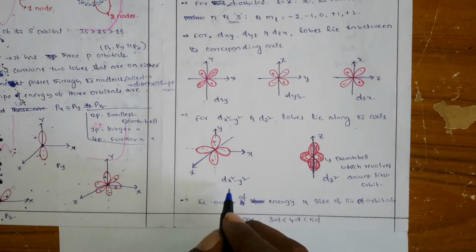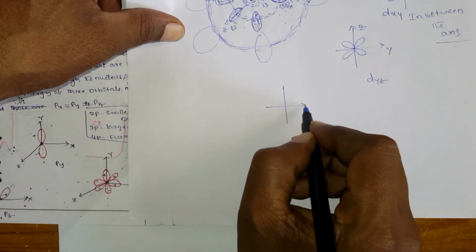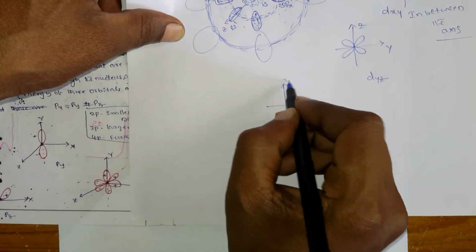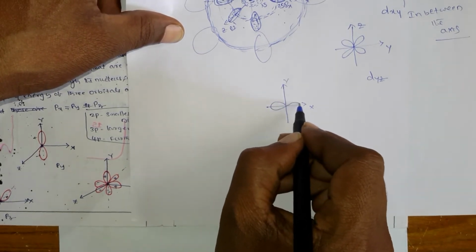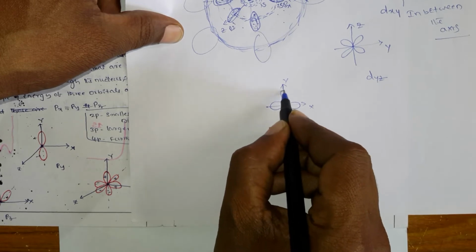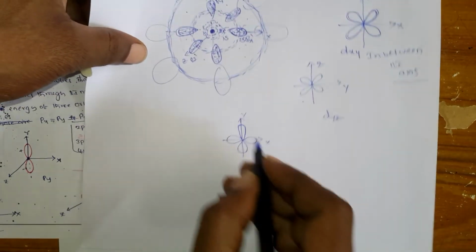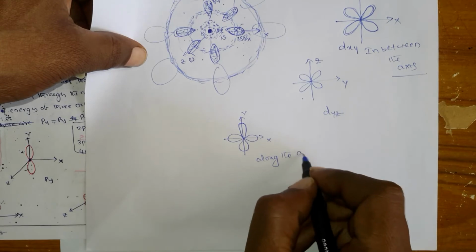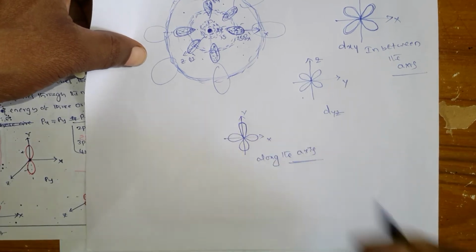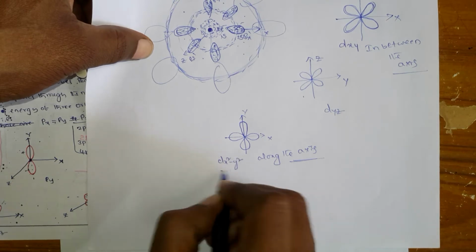For dx square minus y square, here is the x axis and here is the y axis. So the lobes lie along the axis. Earlier in between, now along the axis.